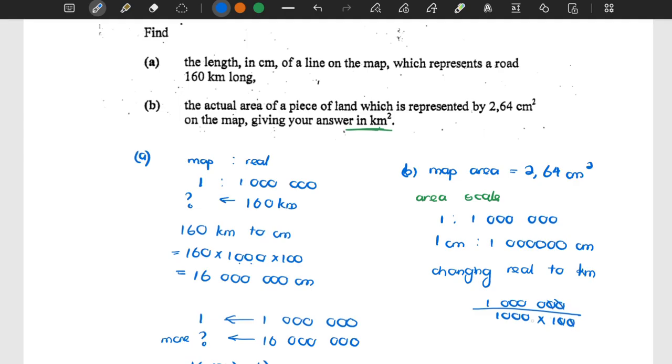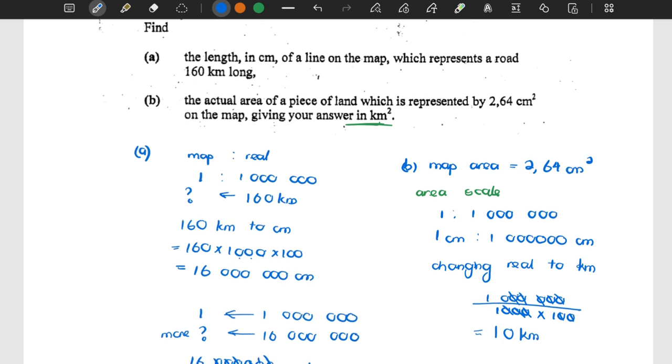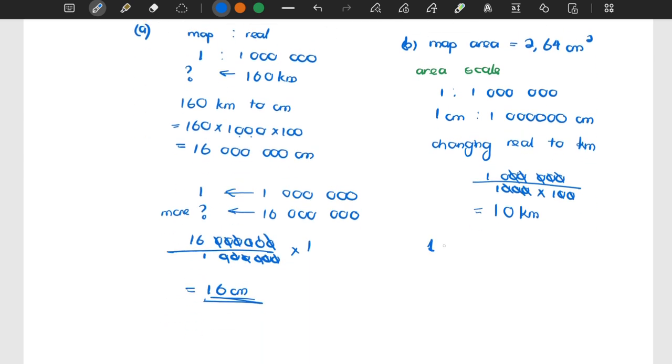So again, that would be 10 kilometers. So now our scale is 1 centimeter is to 10 kilometers.